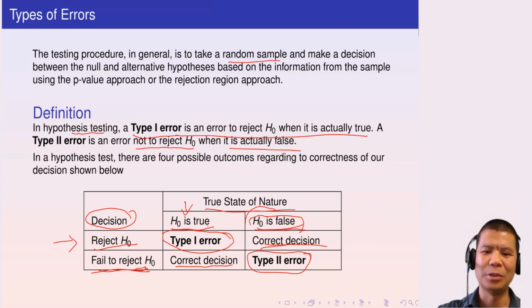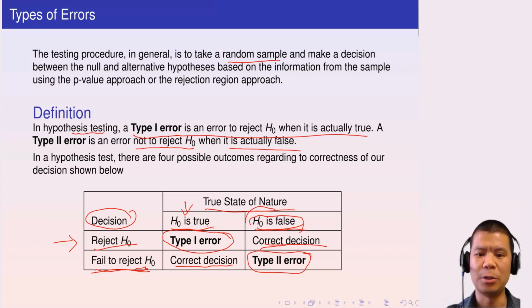If I make a mistake and say that my wife's birthday is not July 18th, that's going to be a type 1 error, because her birthday is July 18th, but I made a decision saying that it's not.